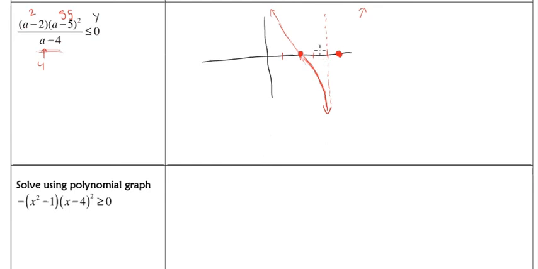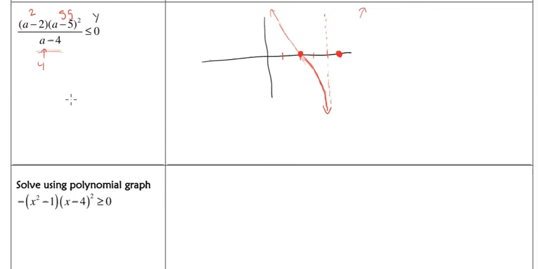And a few ways to think about why we're going to be heading more and more negative as we get closer and closer to it. If we plug in a number like 3.9, something really close to that, let's run through that for a second. So let's do exact numbers.